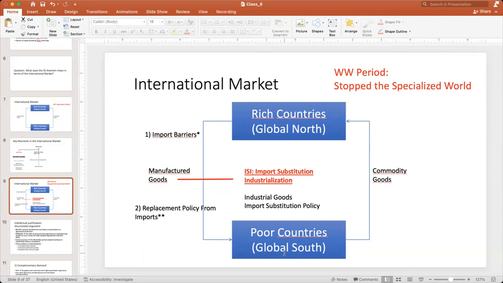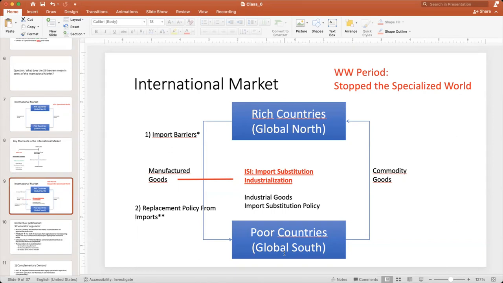So in a way, the global south tried to export their commodity goods. However, the exports couldn't reach the same levels as before 1930, but they required manufactured goods, because the global south didn't produce these types of products given the specialized world.